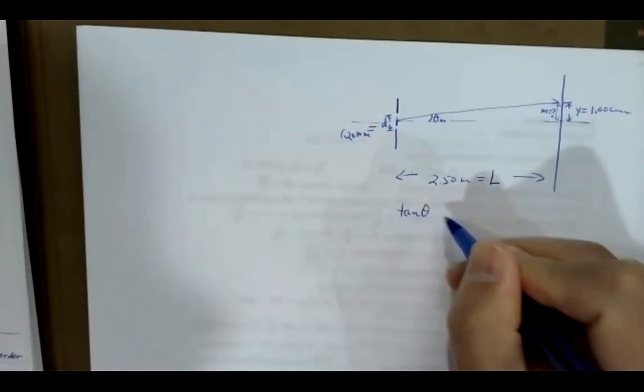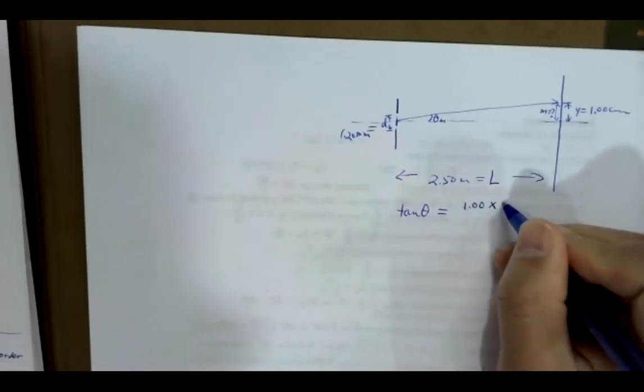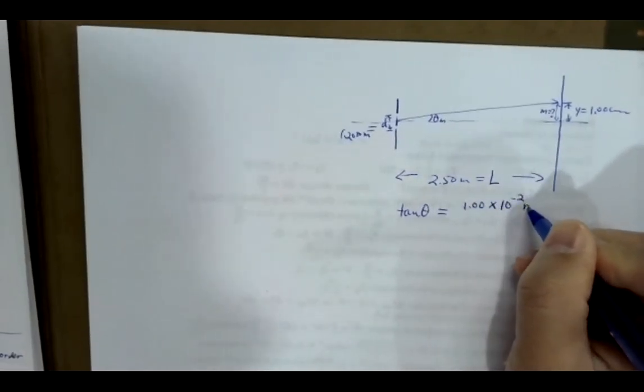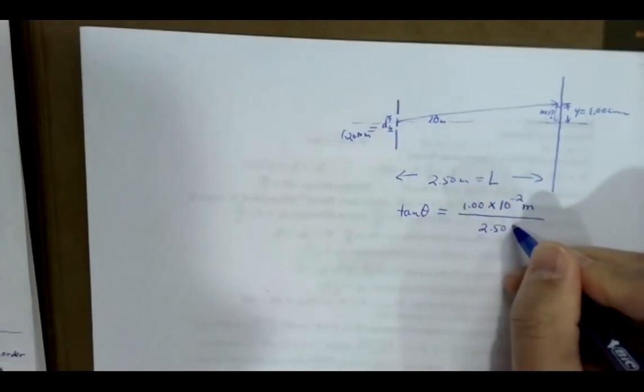This will be theta sub m. So you can see from the geometry, you can calculate tangent of theta, which should be equal to 1.00 times 10 to the negative 2 meters, because that's 1 centimeter, divided by L, 2.5 meters.